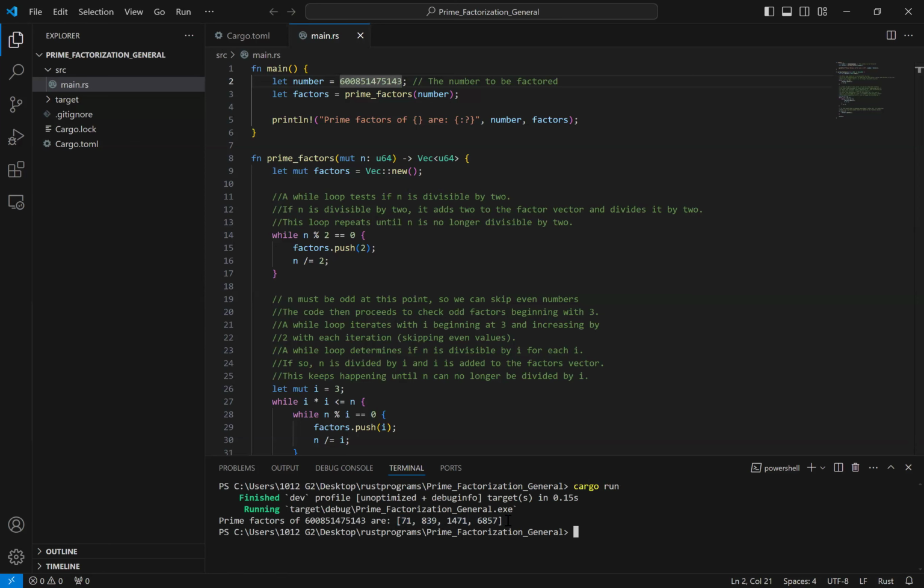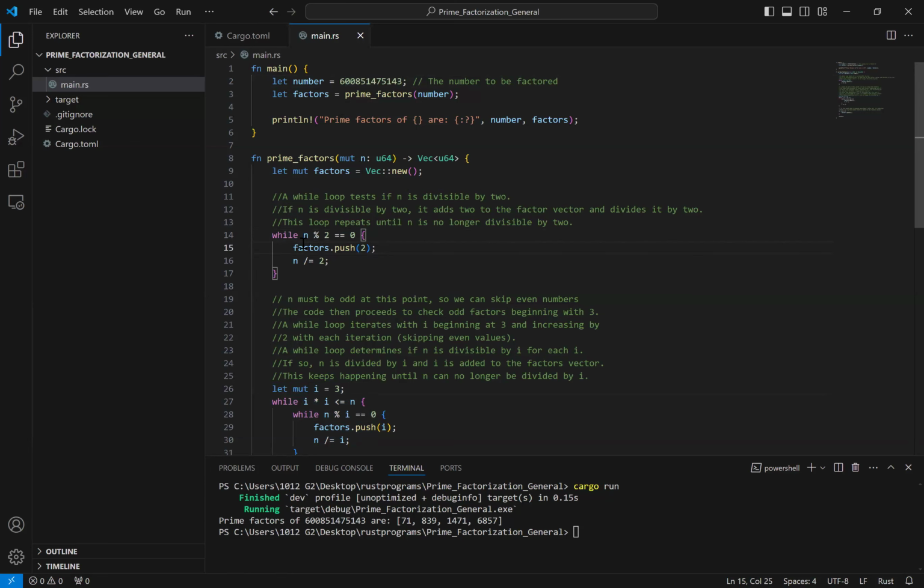It went through the first step, where it tries whether 2 is a factor. It discovered that 2 will not divide this number. So it proceeds to the next step, because at the while loop it discovered that on dividing this number, we will not get a remainder of 0.